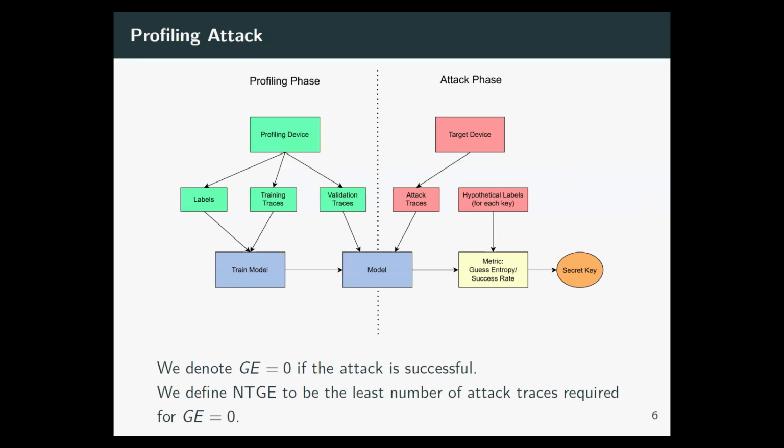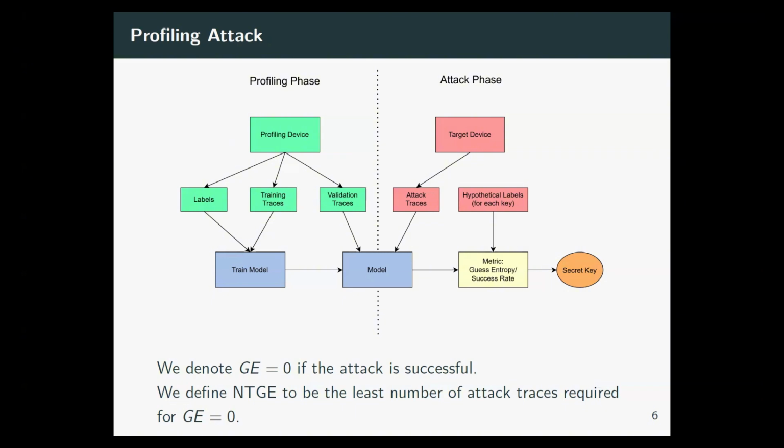A type of side channel attack is known as the profiling attack, where there are 2 devices, a profiling device and a target device. In the profiling device, the attacker may know the key or could even manipulate the key. For the target device, the key is unknown to the attacker, and we want to recover this secret key.